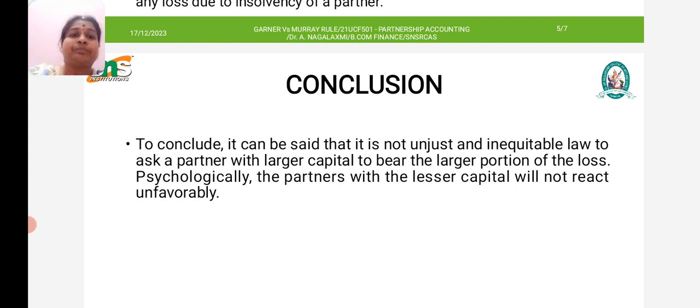That is, we cannot say we are showing partiality, if the solvent partner has a sufficient balance in his capital account to bear the larger loss or the share of the insolvent partner.